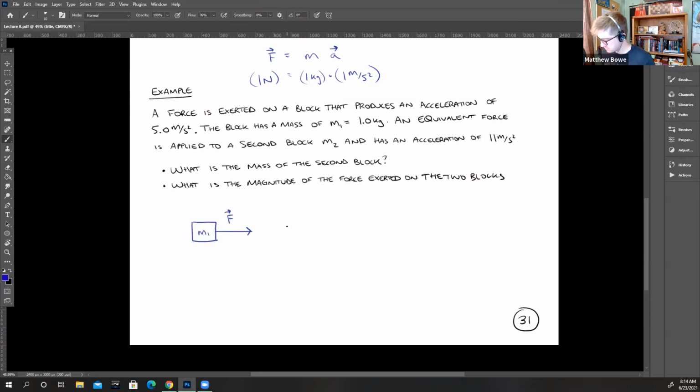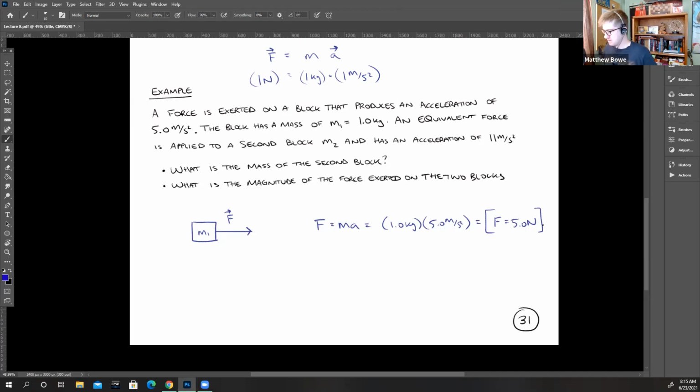So what is the force being applied to this block? Well, force is mass times acceleration. That is just 1 kilogram times 5.0 meters per second squared. It's a very straightforward result you get here. So we have a force of 5.0 newtons. So we've kind of solved the second part first.